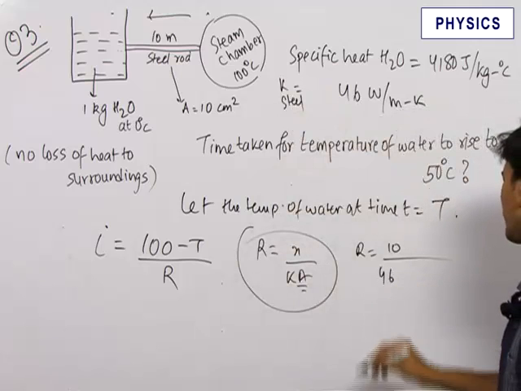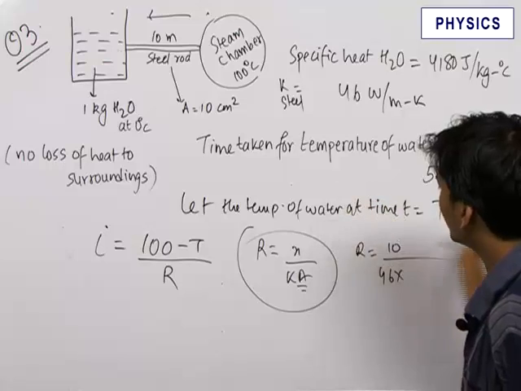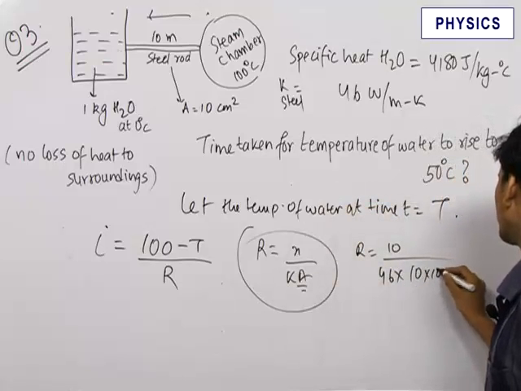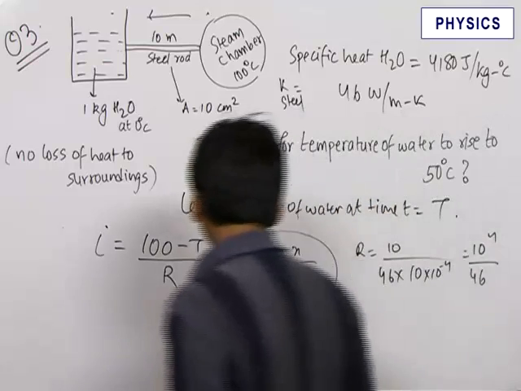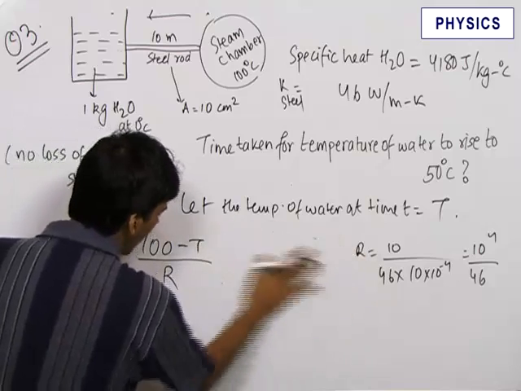So we get 10 upon 46 into the area of cross section which is perpendicular to the current, which is equal to 10 centimeter square, that is 10 into 10 raised to power minus 4, which is equal to 10 raised to power 4 upon 46. So we know the value of R. Let us solve the question now.